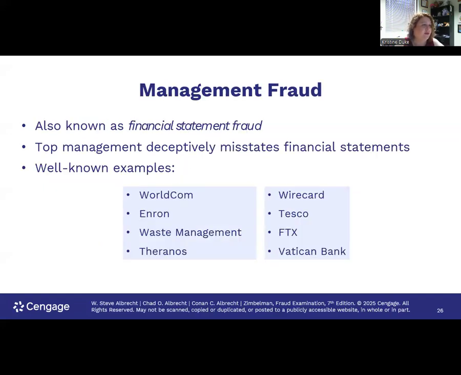Okay, financial statement fraud. There's hundreds of these. Hundreds and hundreds and hundreds. These are just a couple of them. They're misstating their financial statements. They're trying to overstate their assets. They're trying to hide the fact that they don't have much revenue, so basically they're overstating their revenue or understating their expenses.